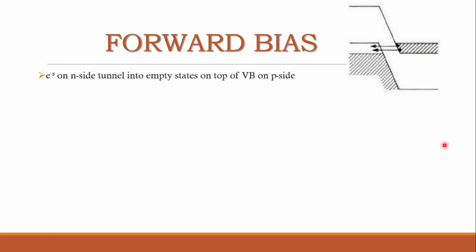Here also tunneling is going to take place, and let us see what is the difference. When tunneling is taking place, it is nothing but movement of charges, meaning current is going to flow. But the only difference is, in forward bias condition we generally require a small amount of voltage and it is going to give a small tunneling current.